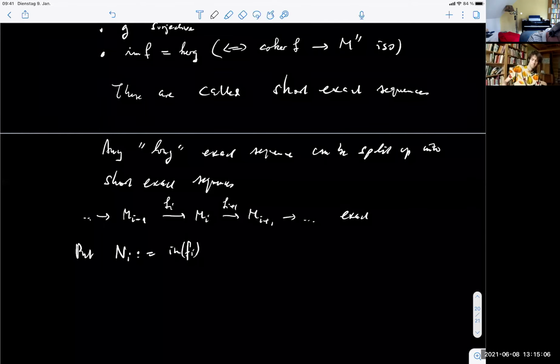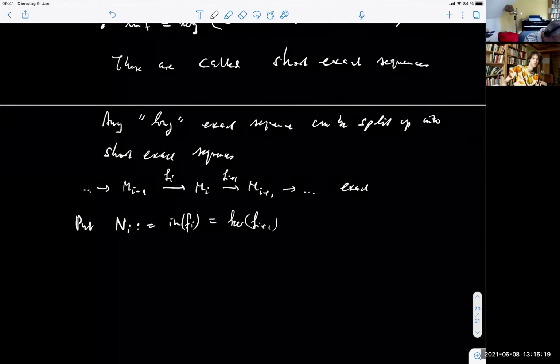But the image of Fi, because of exactness, equals the kernel of Fi plus 1. So this is a submodule of Mi, and then I obtain, so here I put Ni.